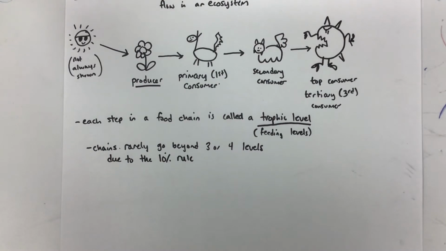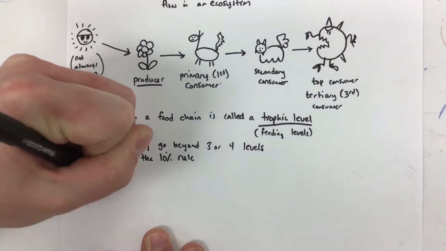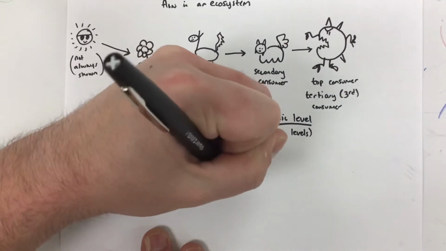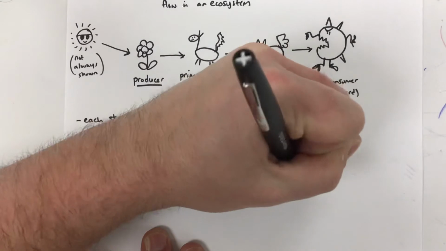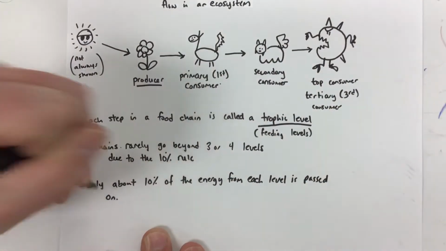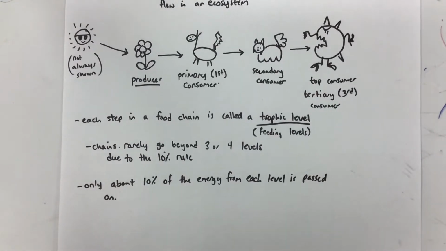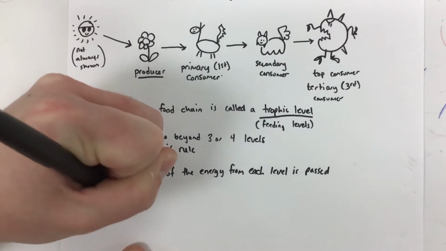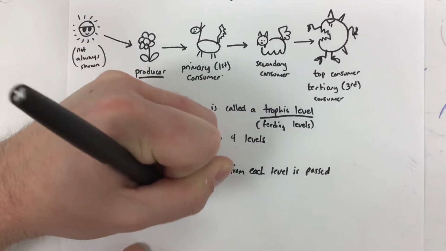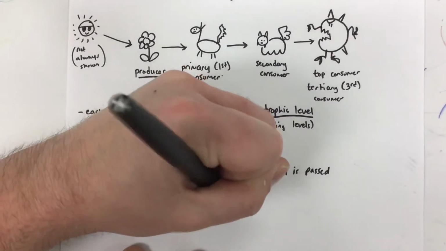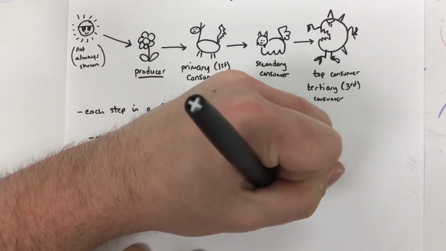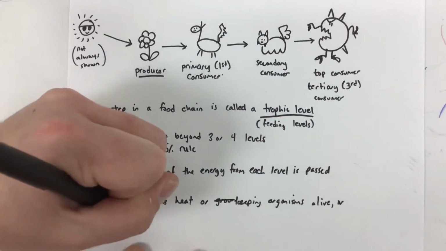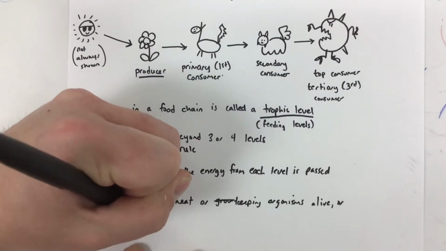Sometimes it's more, sometimes it's less. But what the 10% rule says is that only about 10% of the energy from each level is passed on. 90% is lost as heat, or used for growing or keeping organisms alive, or in uneatable structures.